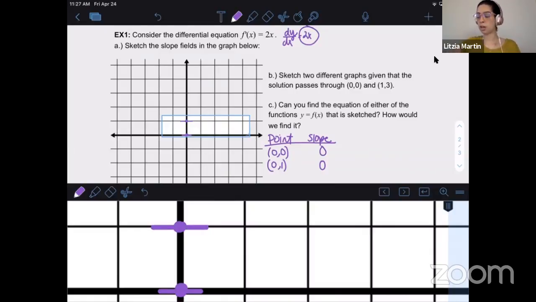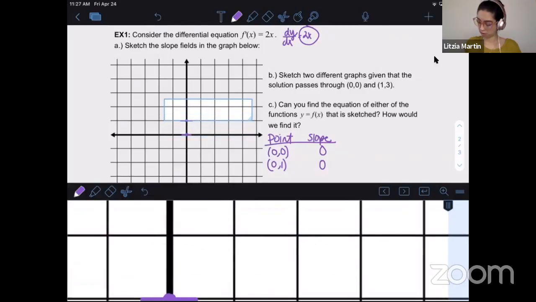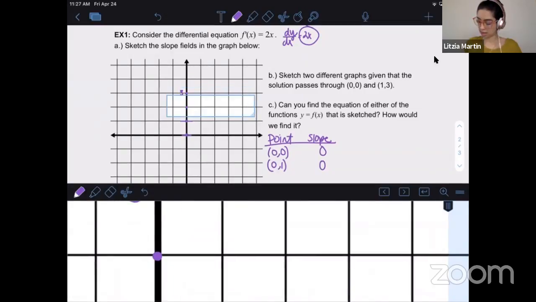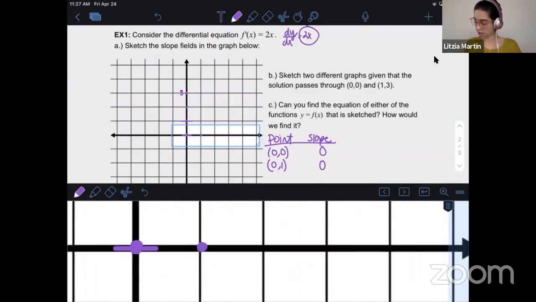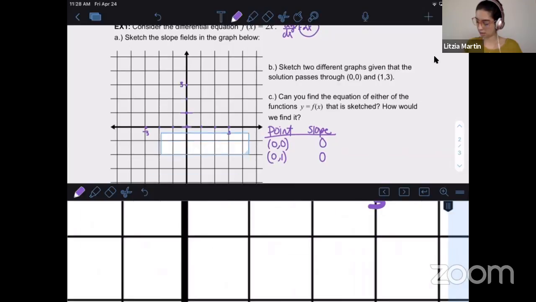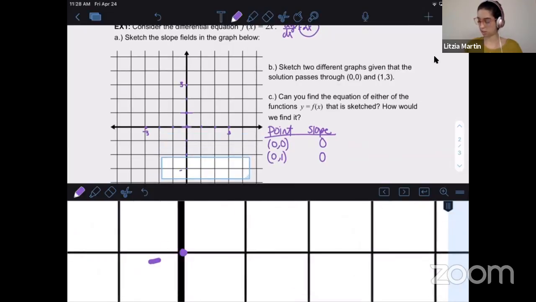We're going to do a 3 by 3 kind of grid on here. So that means we're going to go up to 3, and then over to the side to 3, and also on the negative side to -3, and then down to -3.